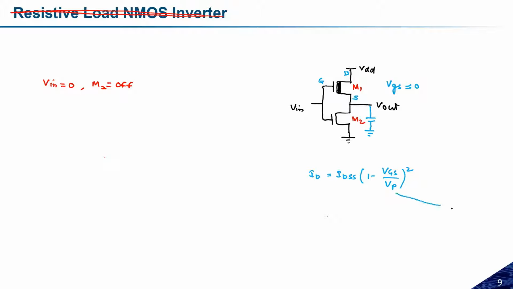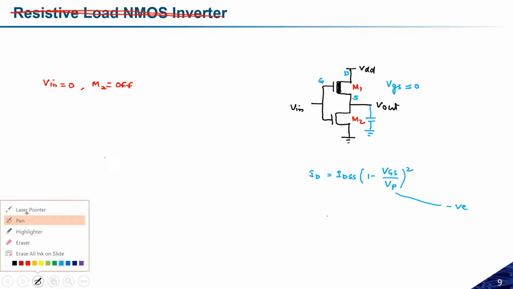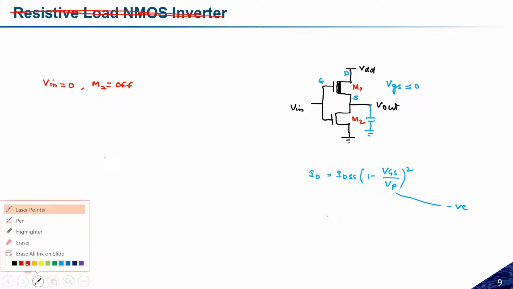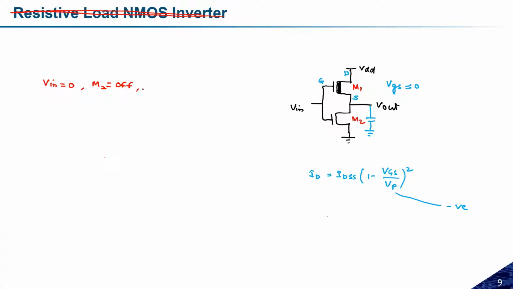Now if Vin is equal to 0, M2 is in off state, and because VGS is equal to 0, this component will become 0. So ID is equal to IDSS. Some saturation current will flow. This means transistor M1 is in the saturation region. So M1 is in on state and it is in the saturation region.